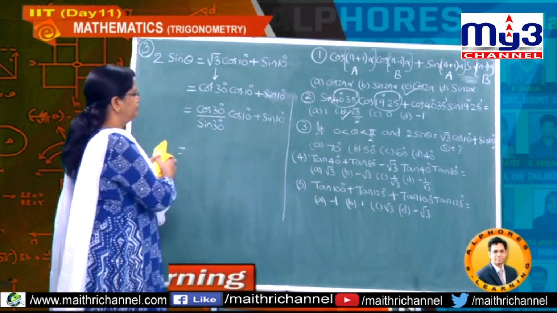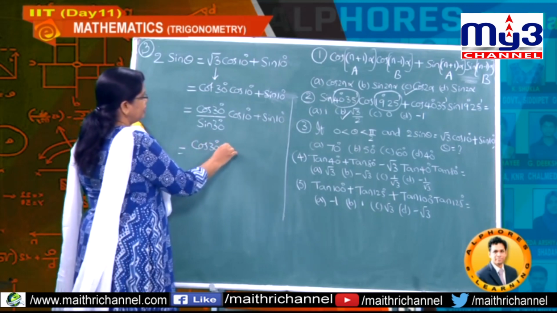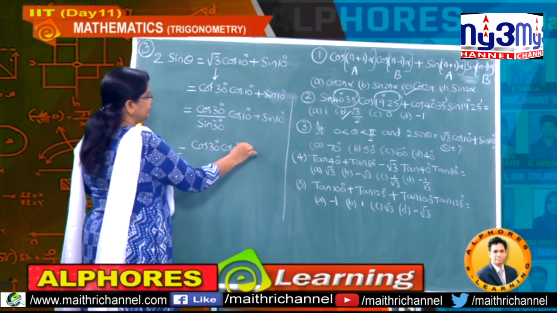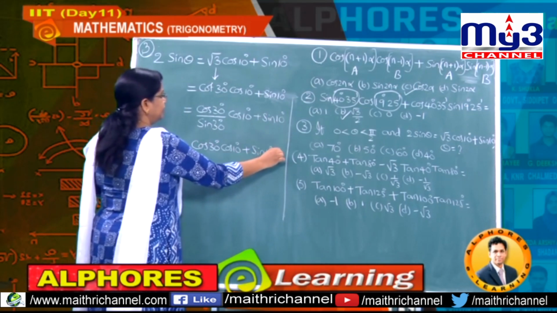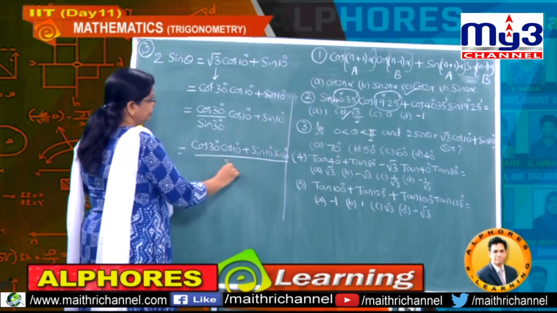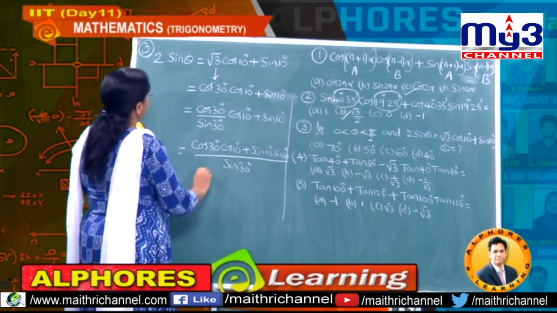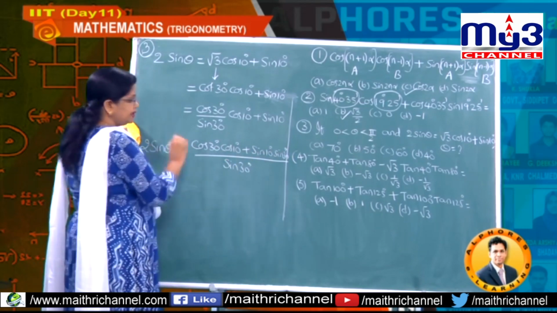Don't do it like that, just take the LCM: cos 30 degrees into cos 10 degrees plus sin 10 degrees and sin 30 degrees, and the whole divided by sin 30. And this side you are having 2 times sin theta, understand.